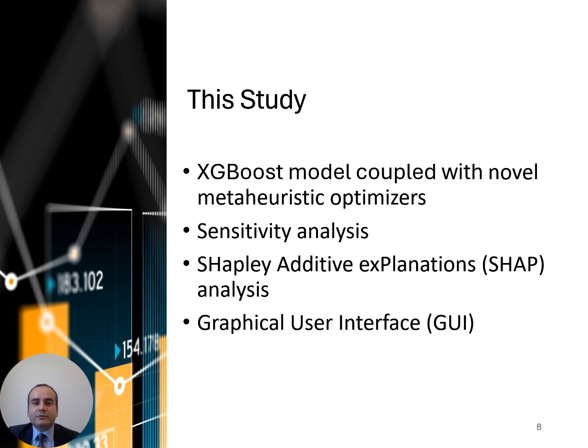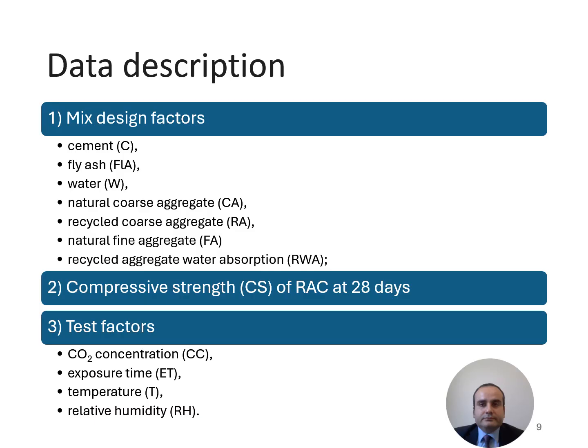This study also provides a comprehensive shape analysis, offering deep insights into the factors influencing carbonation depths, a perspective not thoroughly examined in existing literature. The development of a user-friendly graphical user interface for our model significantly enhances its practical utility, enabling professionals to predict carbonation depths with ease, thereby facilitating more sustainable construction practices.